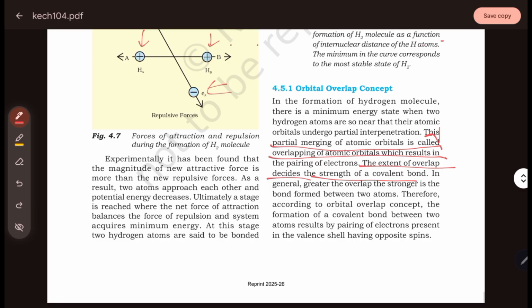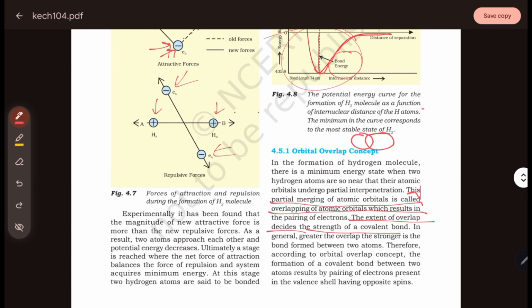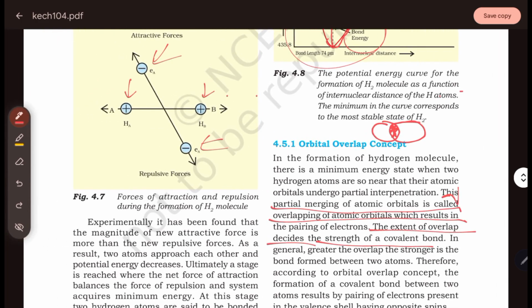That means if the region of overlap is more, then the strength of the covalent bond is also greater. The partial merging that we have seen of atomic orbitals is this area, and this is the bonding area. So here the covalent bond is occurring because the atomic orbitals are partially merging.